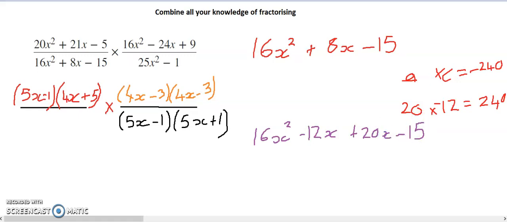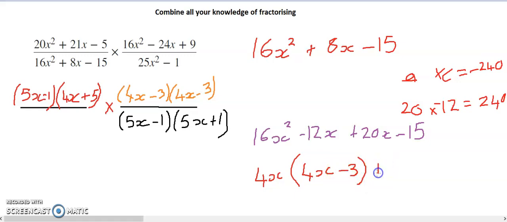So I'm just rewriting the question, still the same information. Again, the common factor over here is 4x. So 16x squared divided by 4x is 4x. 12x divided by 4x equals 3, but it's negative 3.